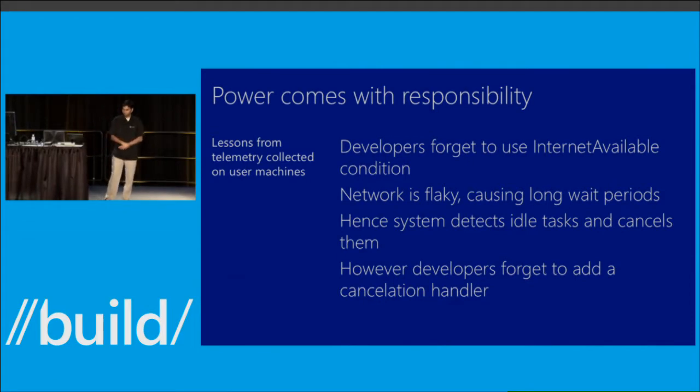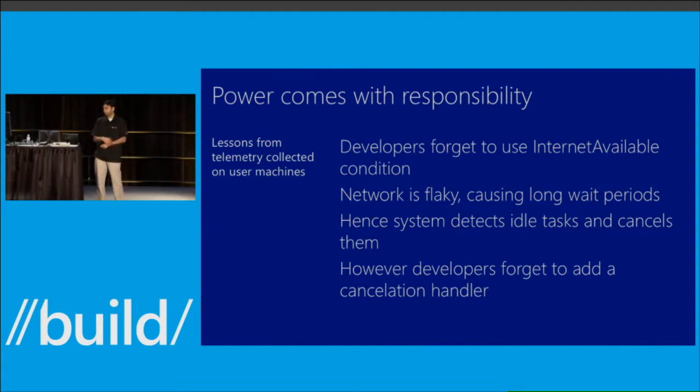What we've seen is that developers, when they use background tasks, forget to use the internet available condition. And if you don't use the internet available condition, we don't know that your app needs network. And because we don't know your app needs network, we don't bring the system out of network quiet mode.